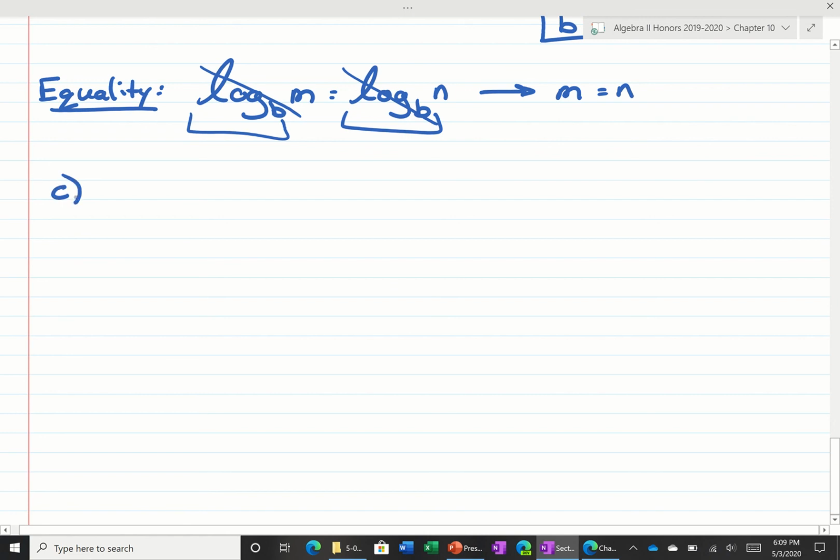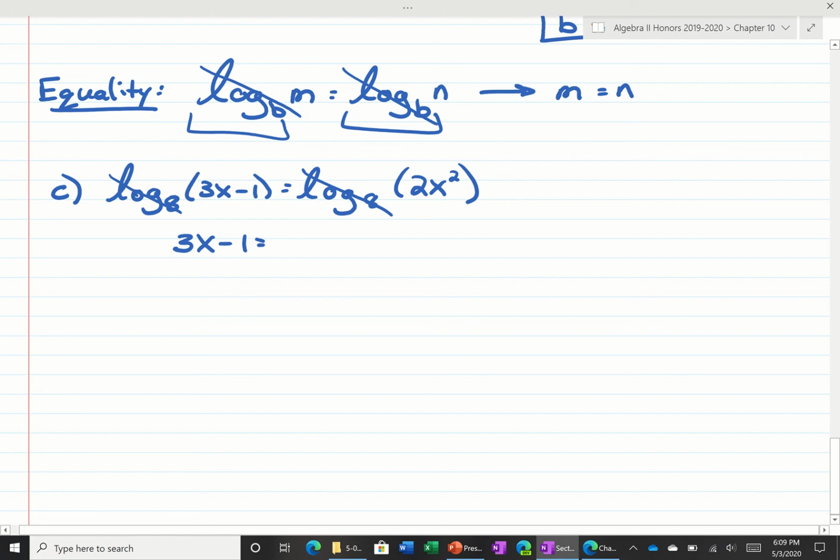This is number 5. Log base 8 of 3x minus 1 is equal to log base 8 of 2x squared. And just like we said, these logs are to the same base. So we get 3x minus 1 is equal to 2x squared. This is a polynomial. We should make it equal to 0 by bringing the 3x and the 1 over.